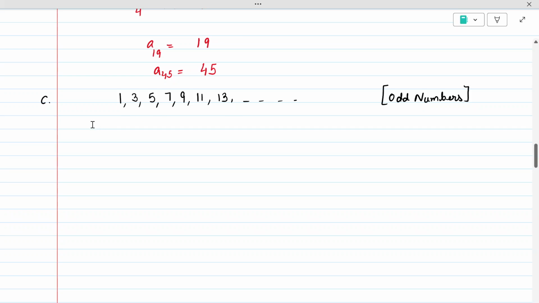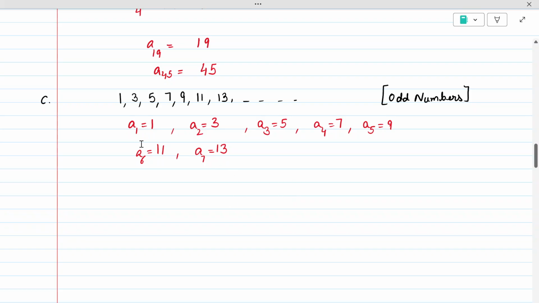Now let us see at which position which number is present. So here at first position we have 1, at second position we have 3, at third position we have 5, fourth we have 7, fifth we have 9, sixth we have 11, and seventh we have 13, as given in the sequence in the book.